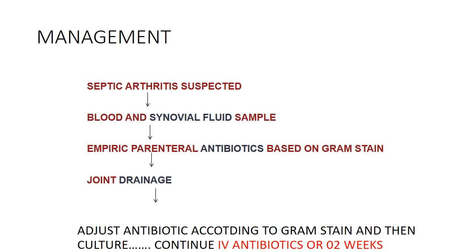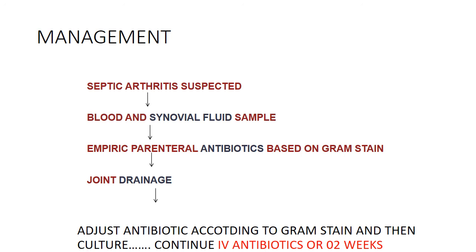You do not even wait for the culture sensitivity to come. You start with IV antibiotics, IV fluids, IV analgesia, and antipyretics, and you send pus for culture sensitivity, and you do joint drainage.